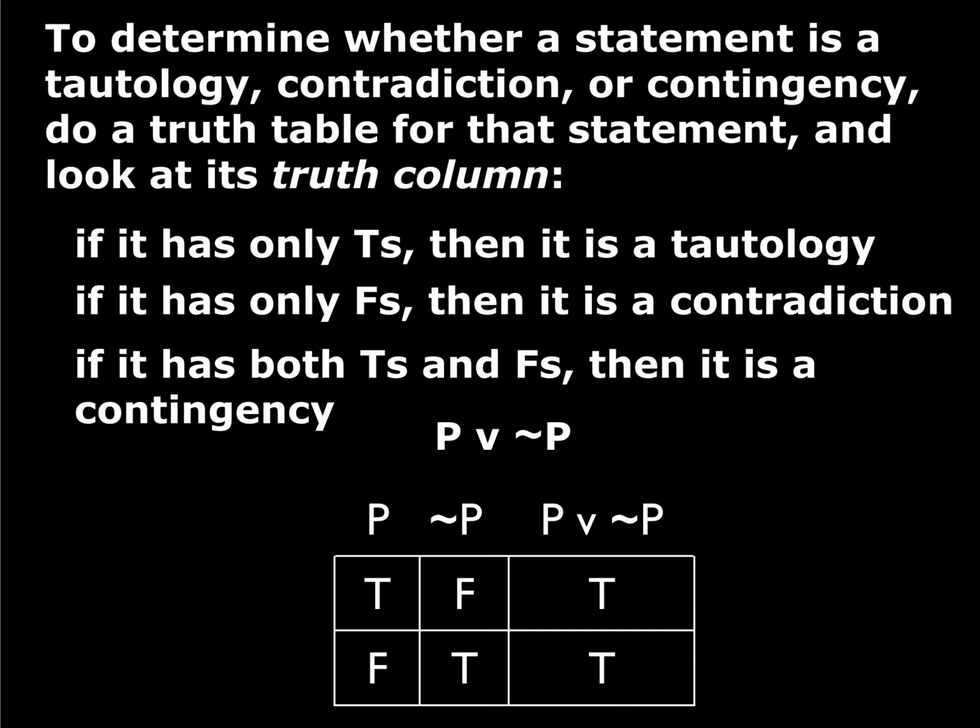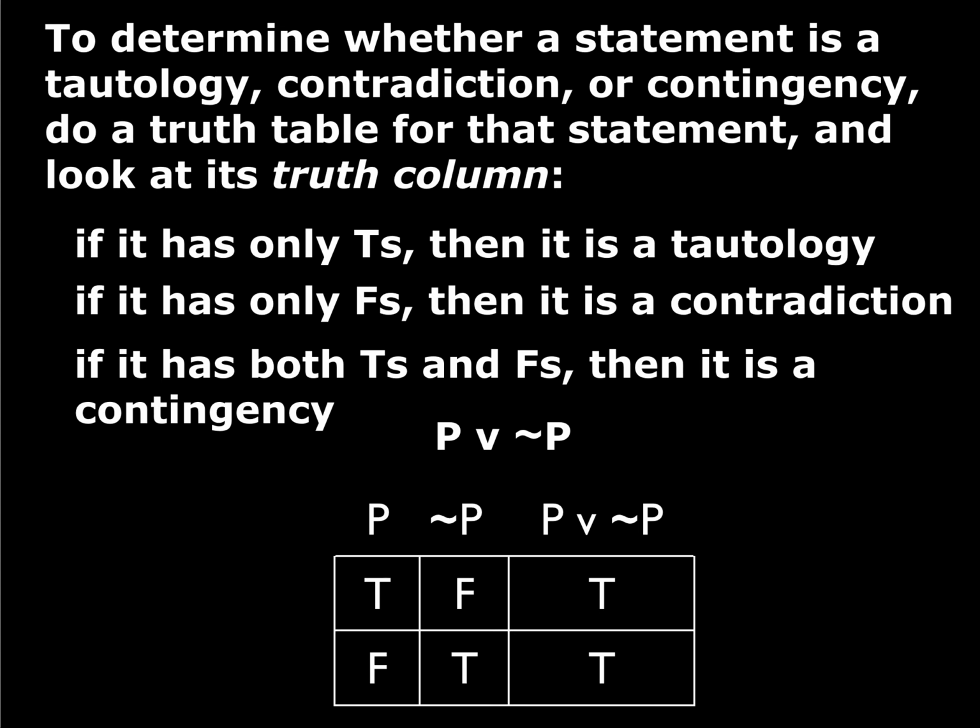So to determine whether a statement is a tautology, a contradiction, or a contingency, what we're going to do is do a truth table for that statement, and then we look at its truth column. And this is one type of problem that there will be on the quiz and then also the final exam. You'll be given a statement, and the question is, do a truth table to determine if this statement is a tautology, contradiction, or contingency.